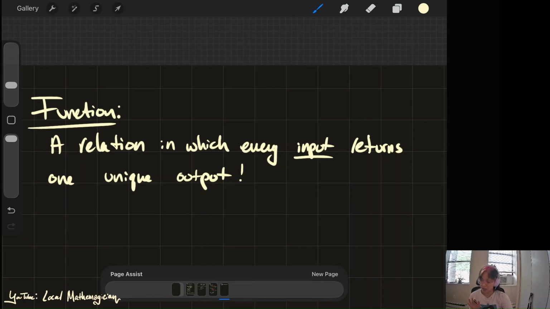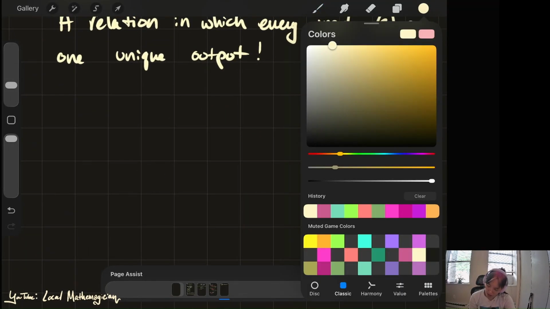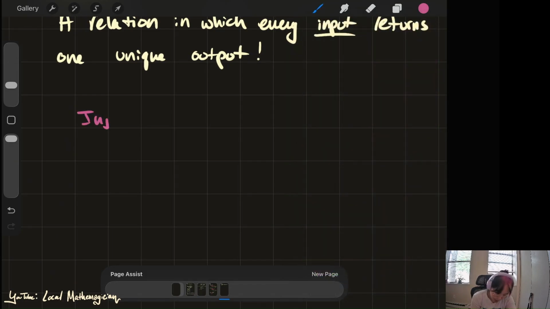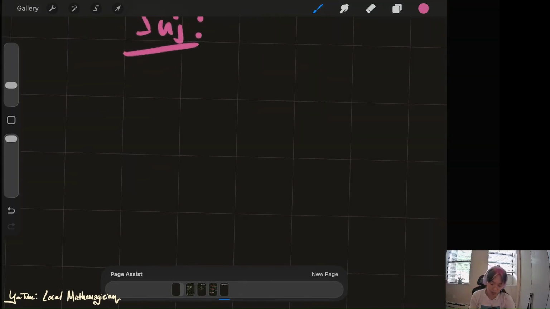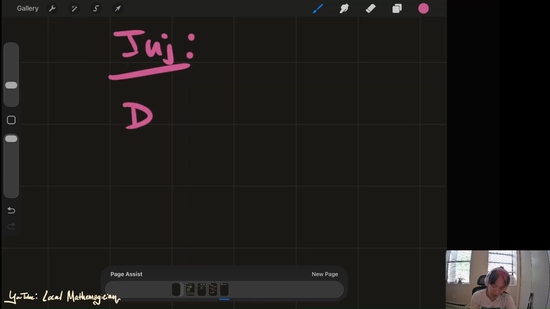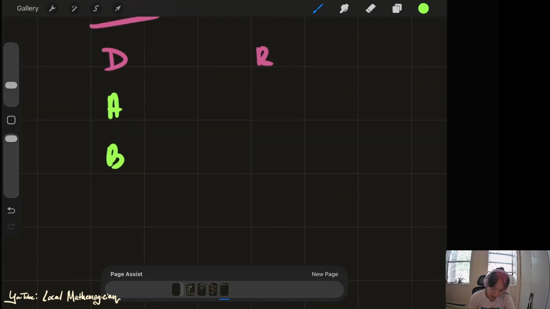Different than injective. Injective says, let's draw a picture. So for injective, every output comes from a unique input. Okay? That means that, let's say this is your domain, and this is your range, and you say, oh, this is A, B, C, and this is 1, 2.